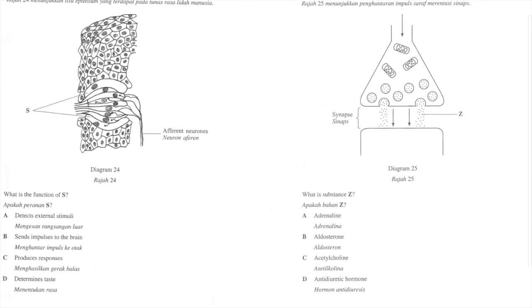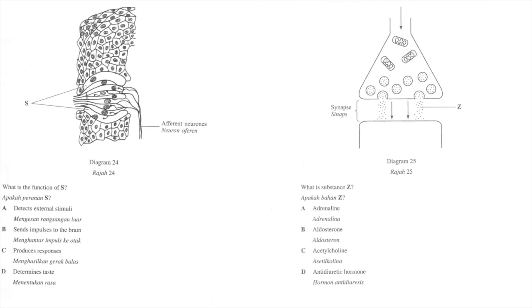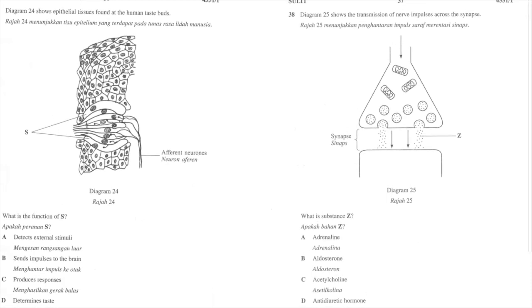Okay, 38. The answer is, Z tu apa? The answer is C. Acetylcholine. Selalunya kita tahu nama dia adalah neurotransmitter. Neurotransmitter ni ada banyak jenis jugalah.